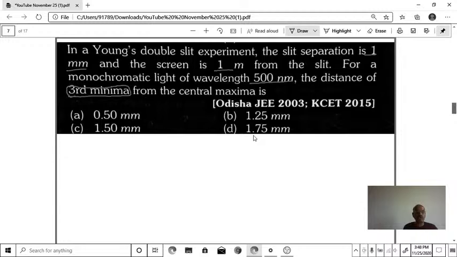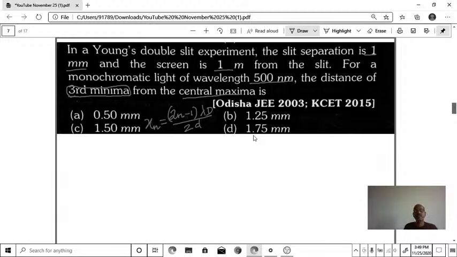Minima means dark fringe, maxima means bright fringe. So third minima from the central maximum. We all know the distance of the nth minima from the center of the screen, central bright, is given by xn equal to 2n minus 1 into lambda D by 2d. This is the formula to obtain the nth dark fringe from the center.